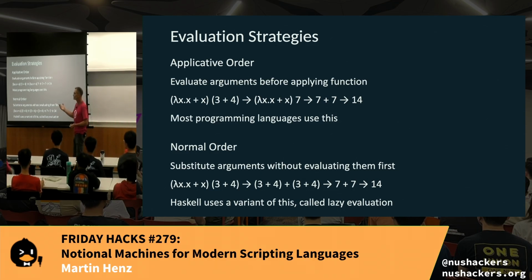When you have a function application, you need to evaluate the arguments before you do the application. That eager evaluation of the arguments is the core ingredient of applicative order reduction.